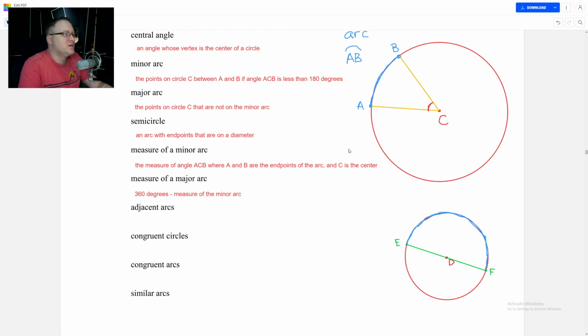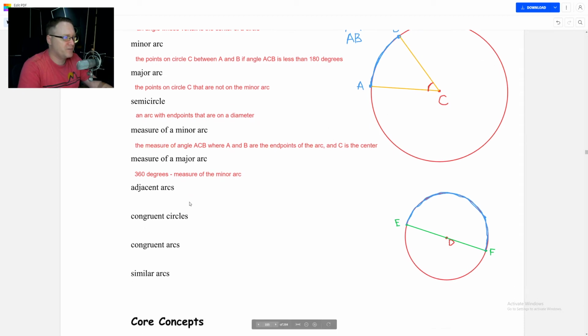So if we want to find the measure of the major arc, which is this red line here, we're just going to go 360 degrees minus this measure. And that will give us the measure of the major arc.